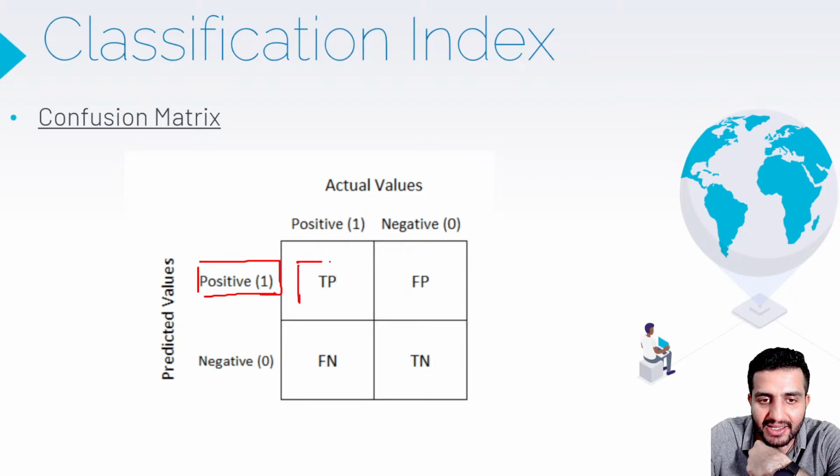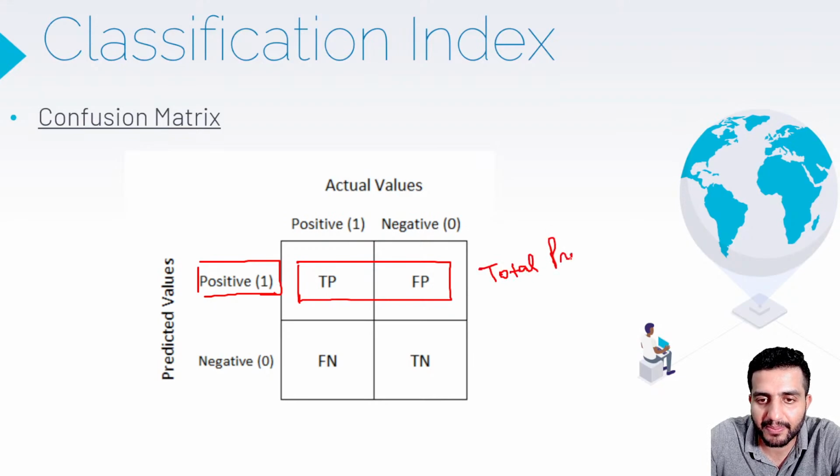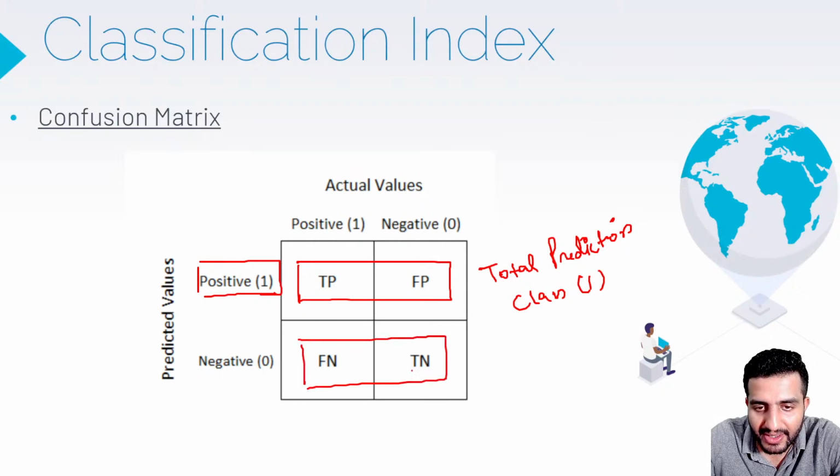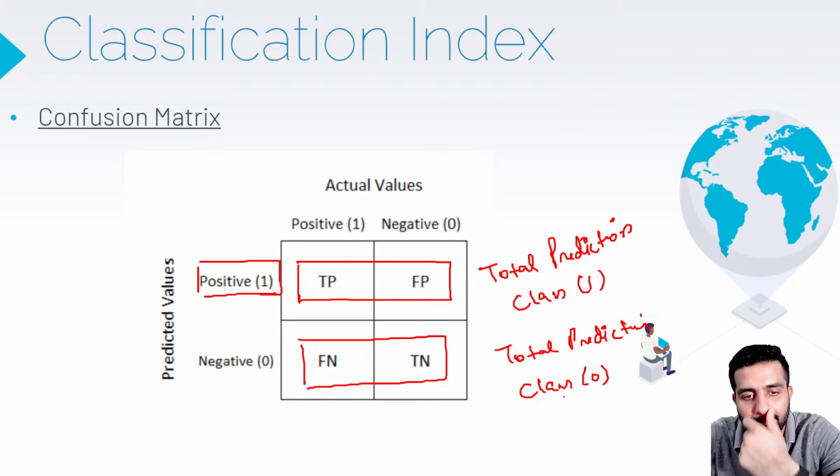So these two are my total predictions of class 1, and the sum of these two is the total predictions of class 0.